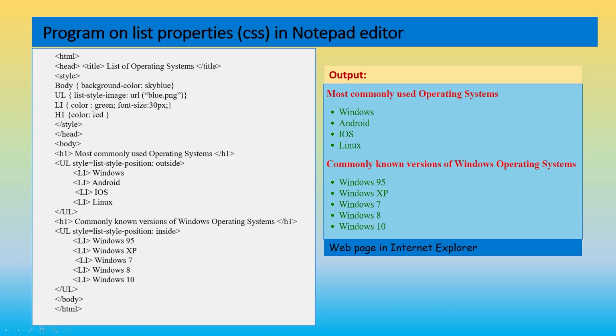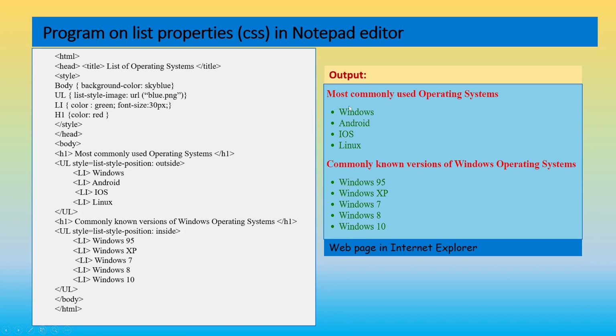And H1, that is heading 1, will be written in color red, so you can see the headings are written in color red. Now here you can see the H1 heading which was supposed to be in red is there: Most commonly used operating systems. Then UL style position is outside, meaning outside the list.